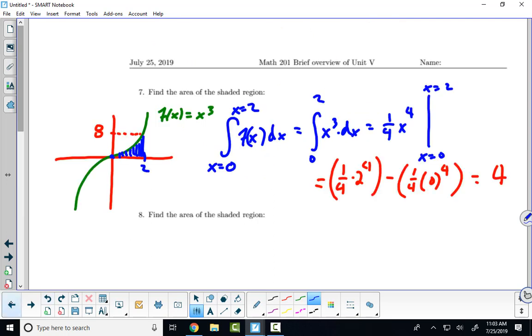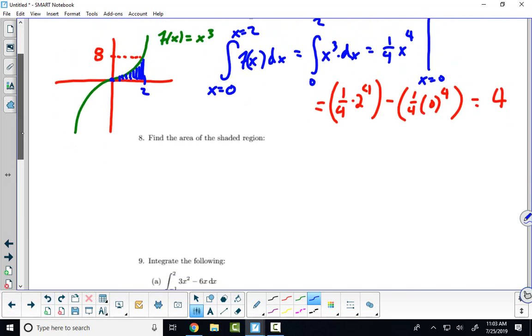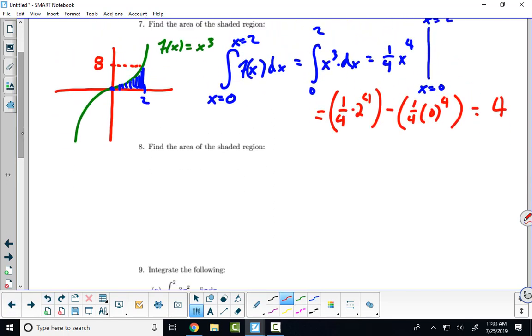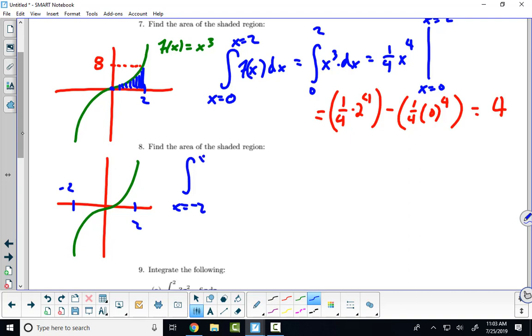Okay, let's do this one more time. Let's take the same curve. Let's find f of x, let's say just x cubed.